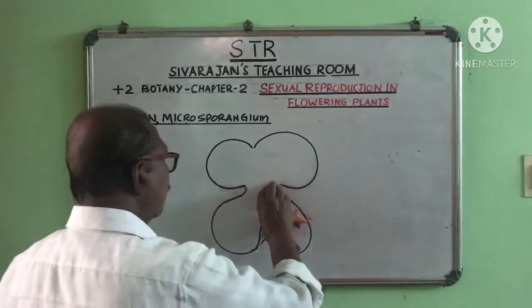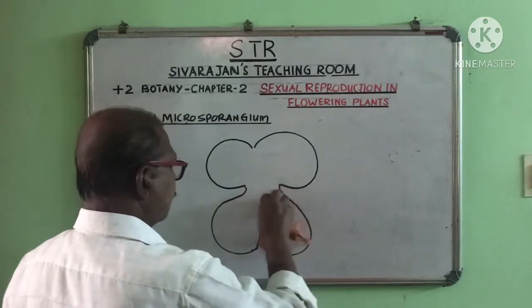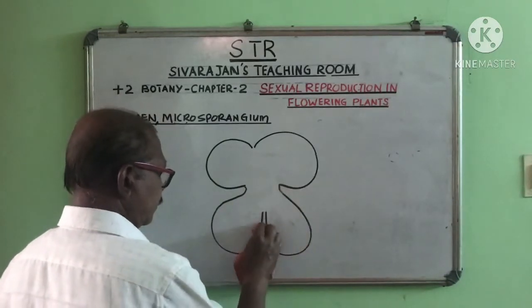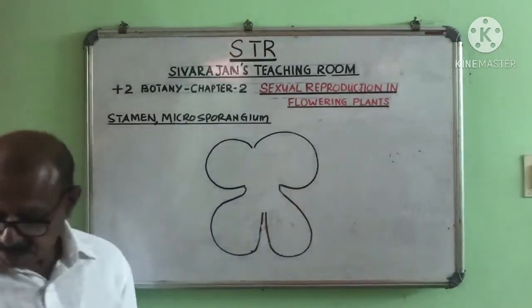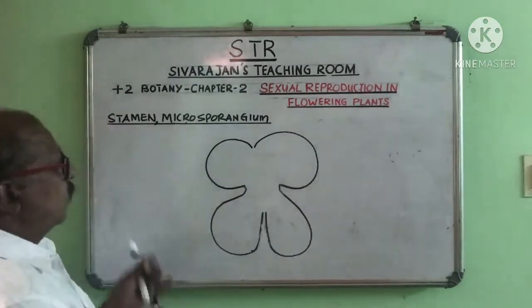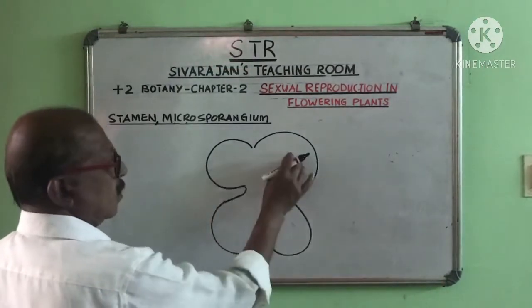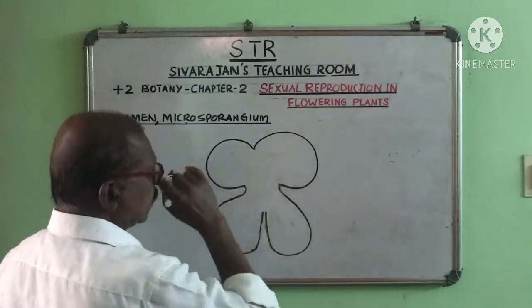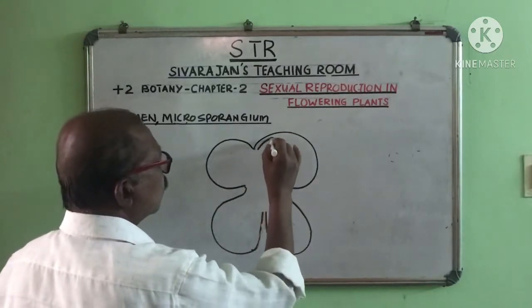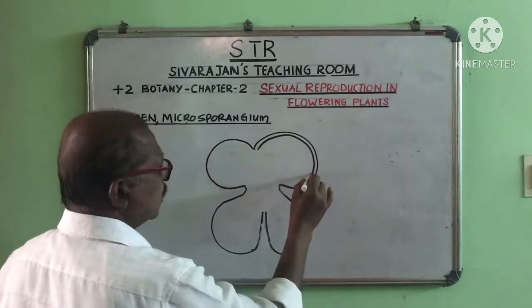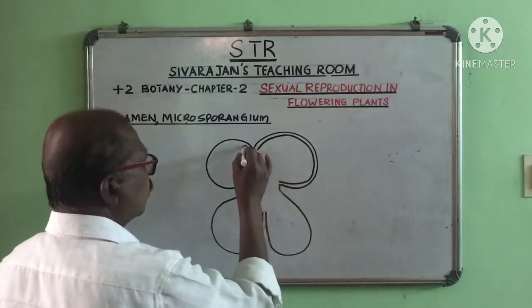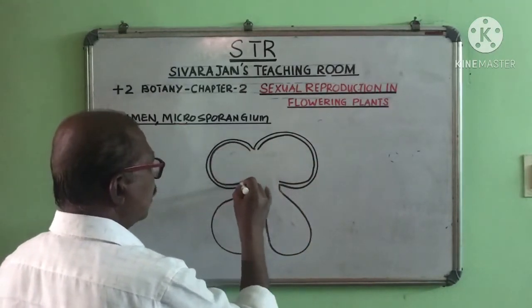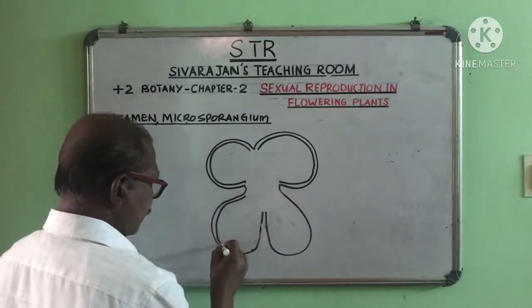It has four microsporangia at the four corners. Each microsporangium has four wall layers.